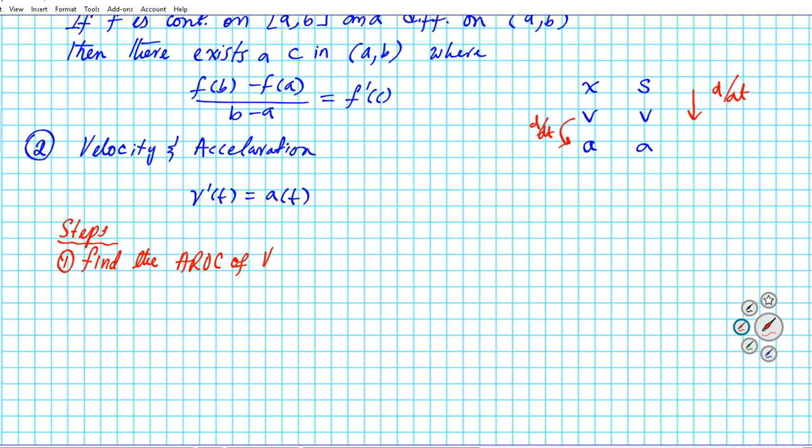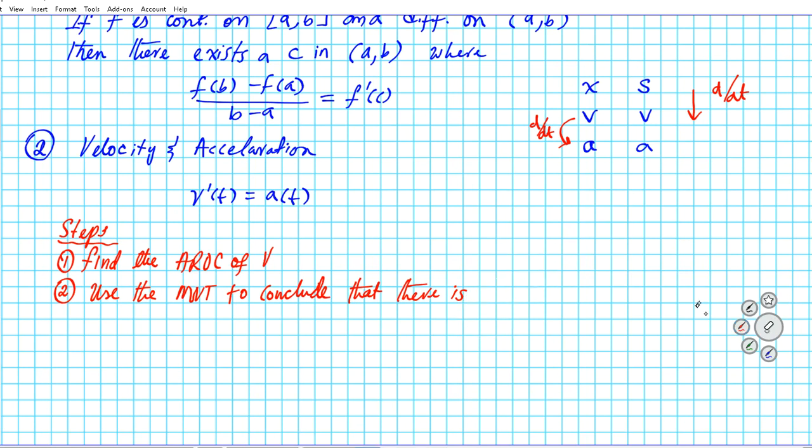And then when we're done finding the average rate of change, we're going to use the MVT to conclude that there is a t that we're looking for. Okay, so let's go ahead and get started.